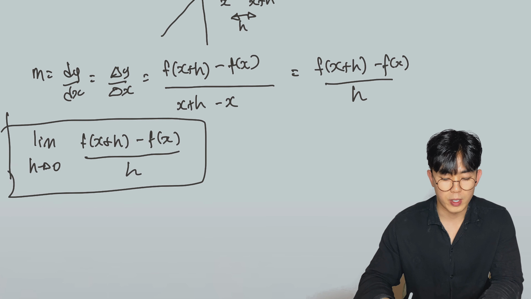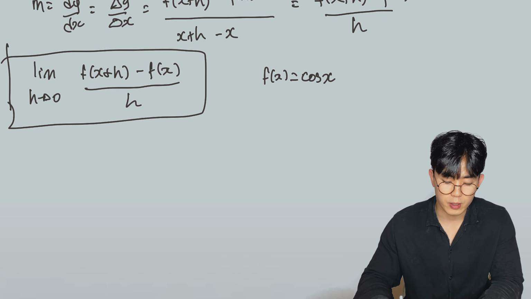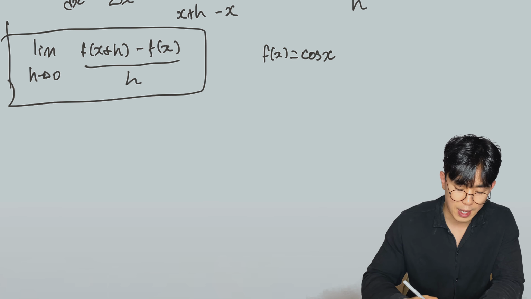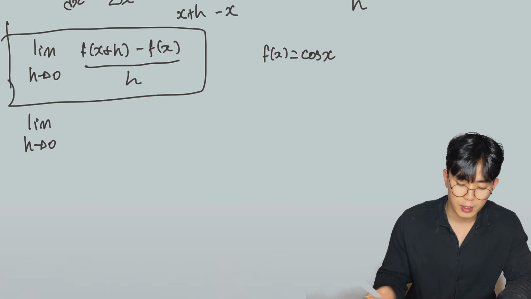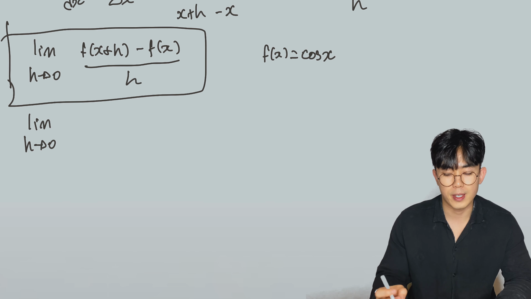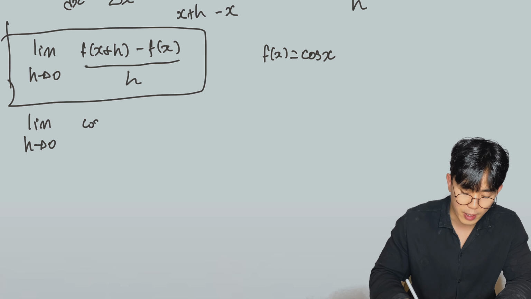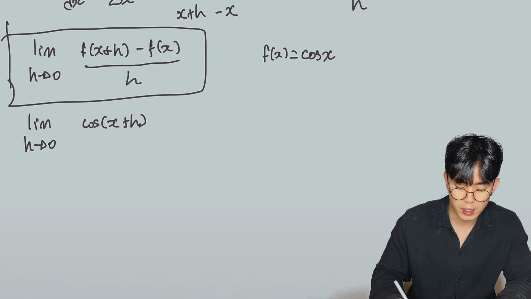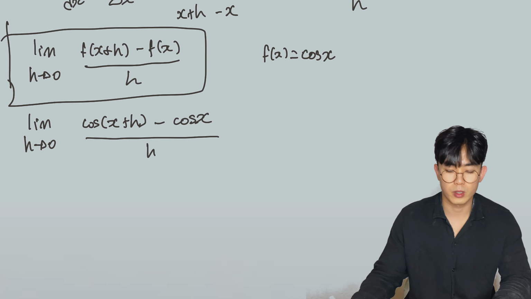Right, let's show this with, let's say, the function f of x is cos x. Using this equation here, I say limit as h tends to 0. f of x plus h just means plugging x plus h in the x position. So it's going to be cos of x plus h, minus cos x, over h.